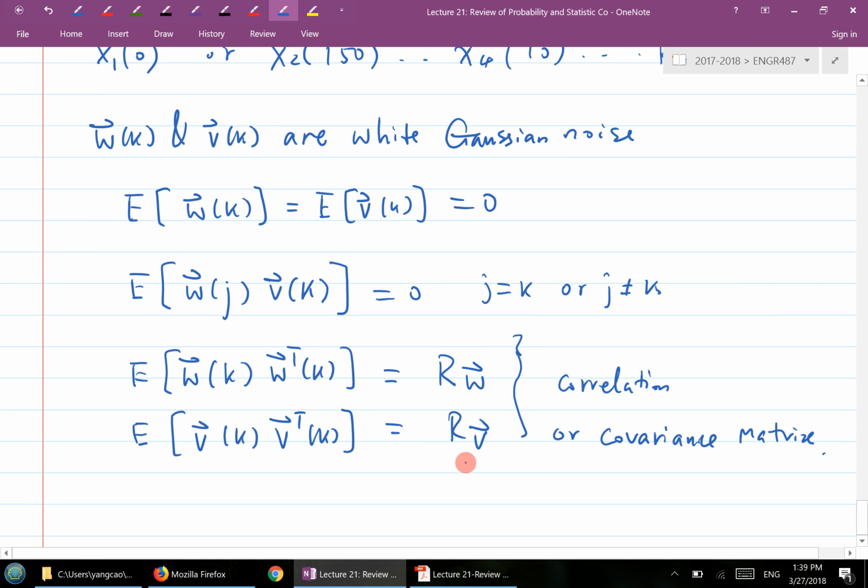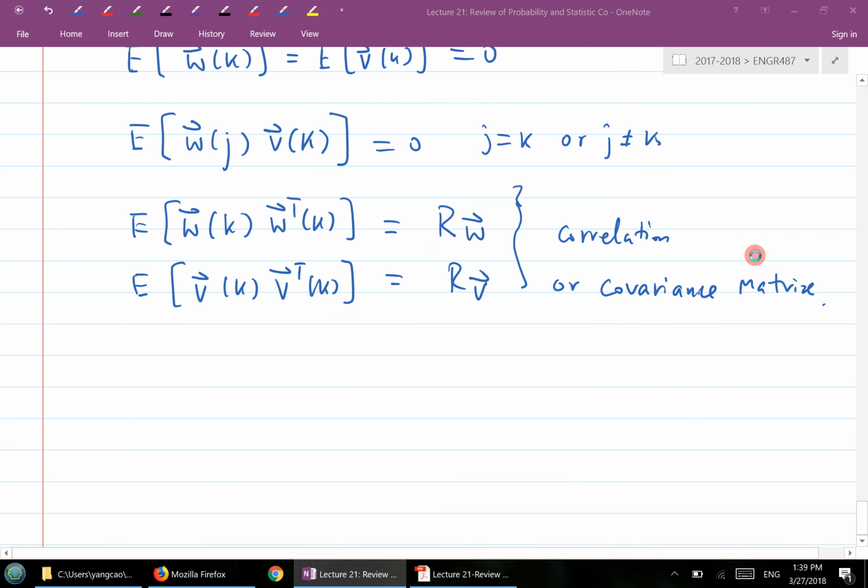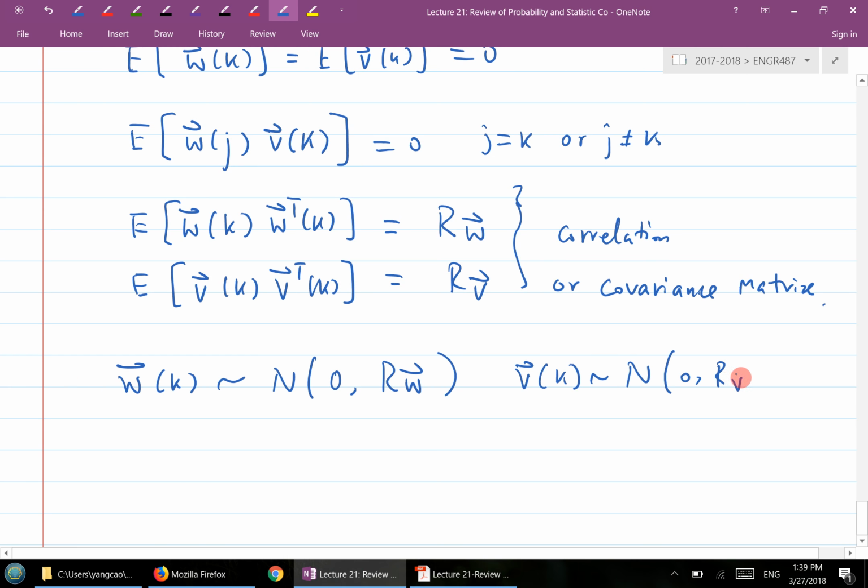So in short, you can write the noise as Gaussian noise with zero mean and a covariance matrix here, and the same thing for the V here.